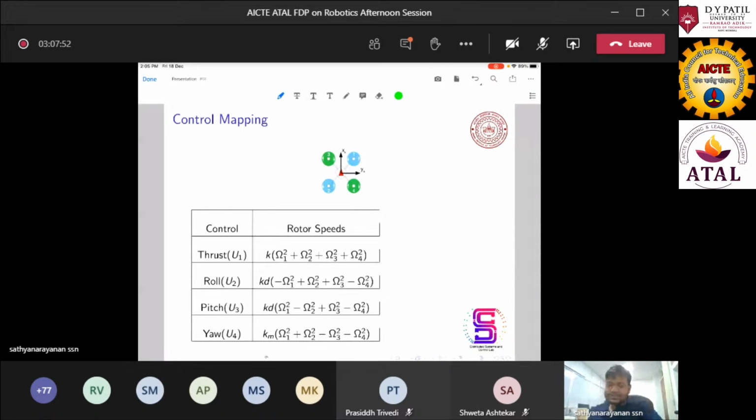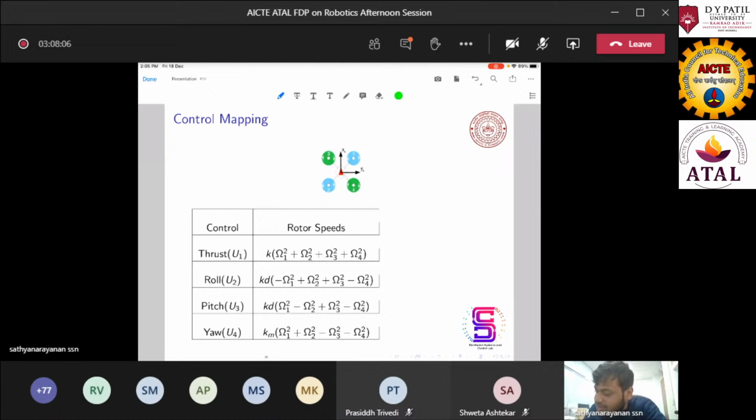I've said that when the rotor speed increases, the thrust increases, and based on blade theory, each thrust generated by each rotor, let's say F1, F2, F3, this is F3, this is F2, and F4, is directly proportional to the rotor speed squared.